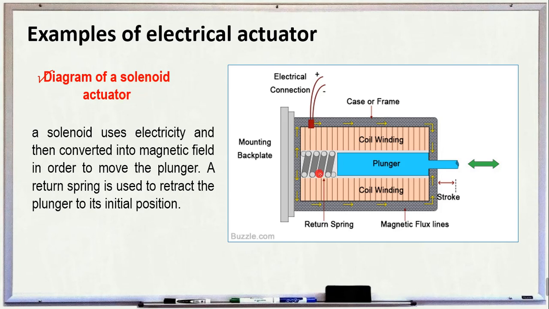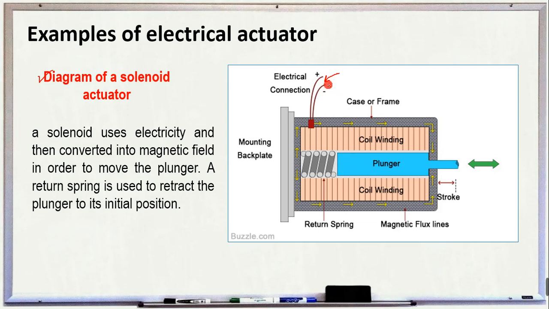This is the diagram of our solenoid actuator. A solenoid uses electricity, coming from our electrical connection. Inside our solenoid we have the coil winding. These are coils of conductor.